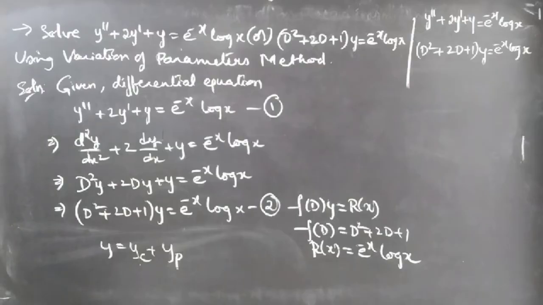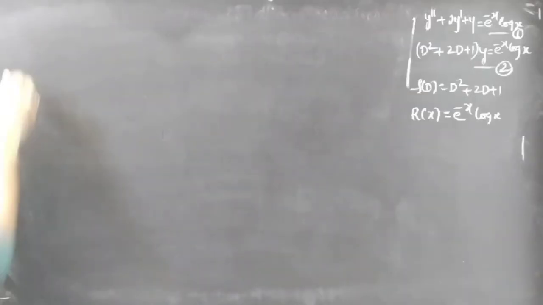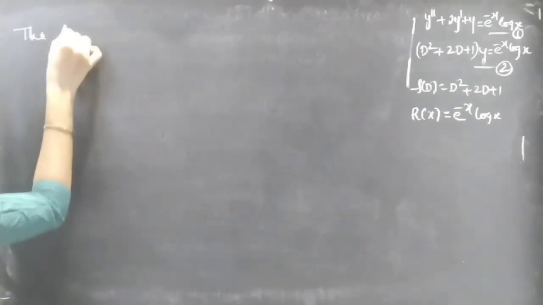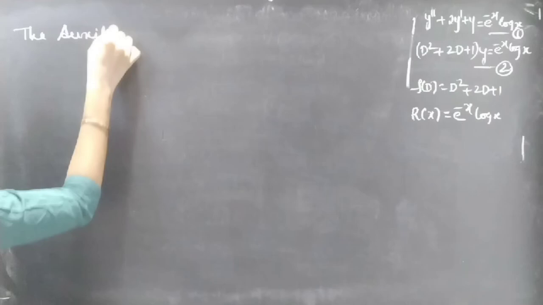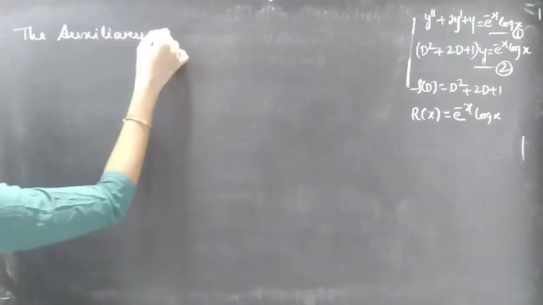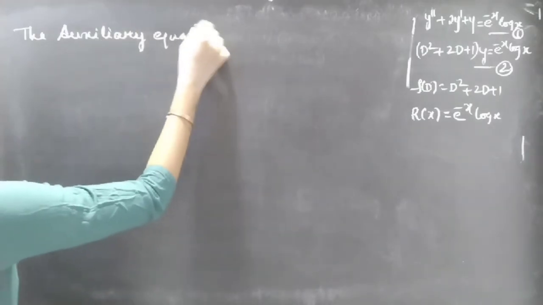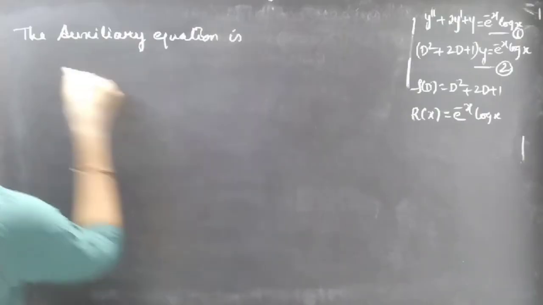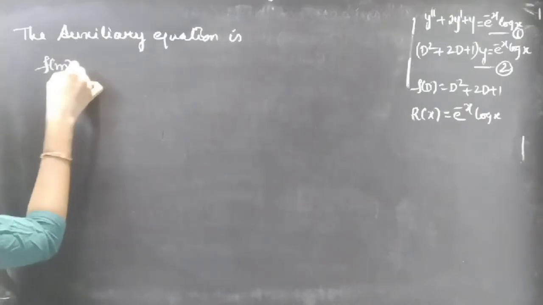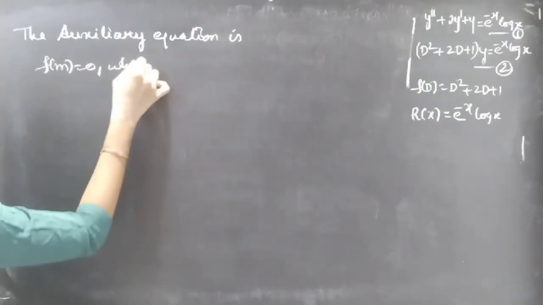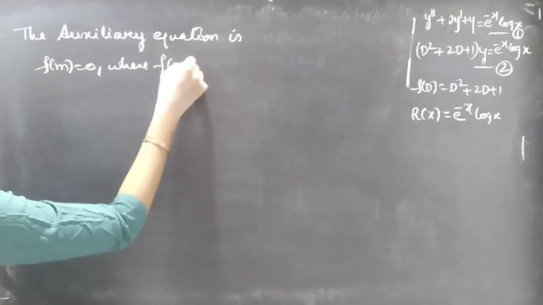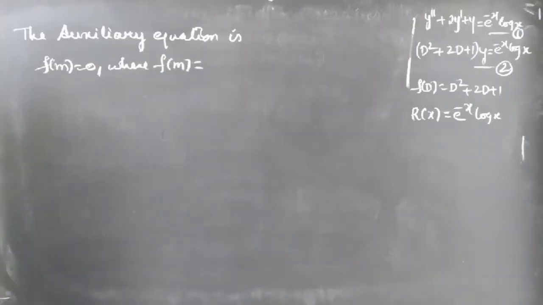Now let's see the auxiliary equation to find the complementary function. The auxiliary equation is f of m equal to 0, where we have f of D equal to D square plus 2D plus 1, right?